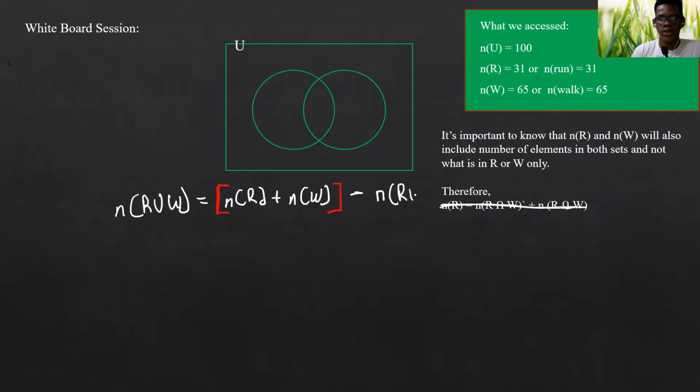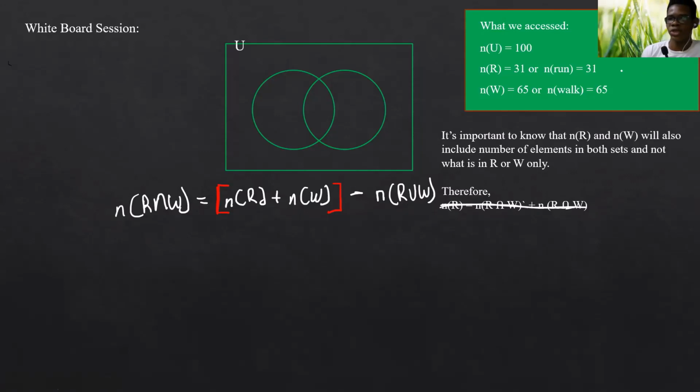I wrote union and said intersect just now, so if I do that, correct me. So the intersect is usually equal to the sum of the two sets that are intersecting, subtracted by the union.